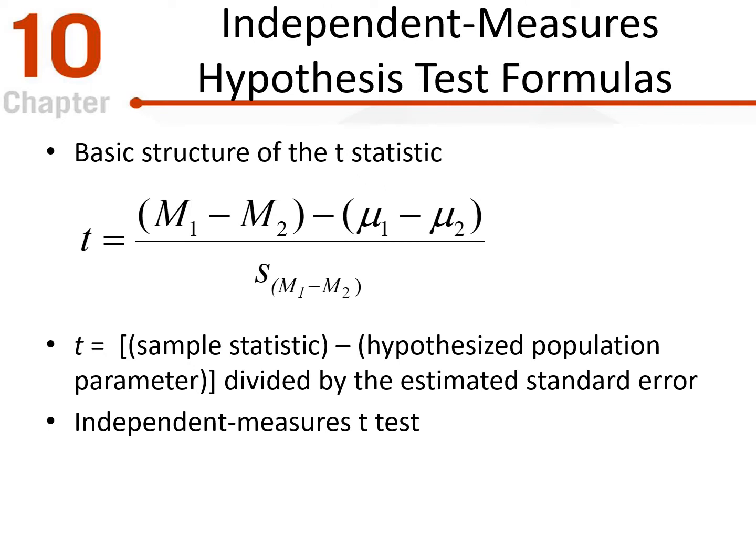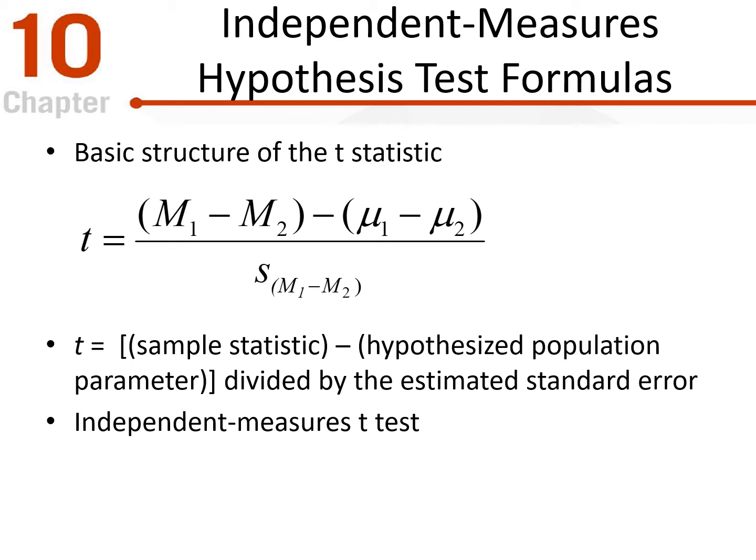Now, when we plug it into the t statistic, it gets a little more complicated, but it's not that complicated because of that second term. If you look at the numerator here, sample mean 1 minus sample mean 2, minus this difference of population means, that represents the null hypothesis.